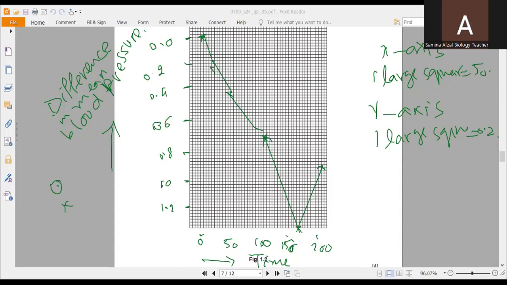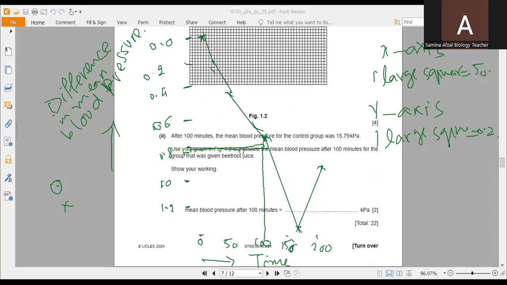Now in the next question, you have to find out the value at 100. At 100 you will go in this way. It is near about in this way, so it will be 0.8 or something. I have already found this value according to this question.